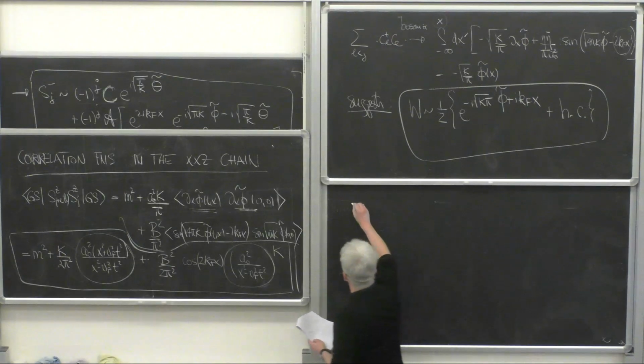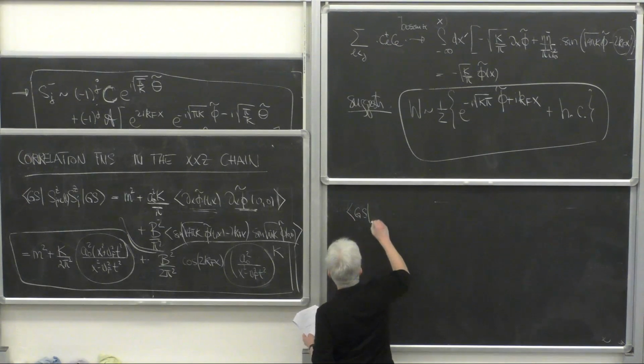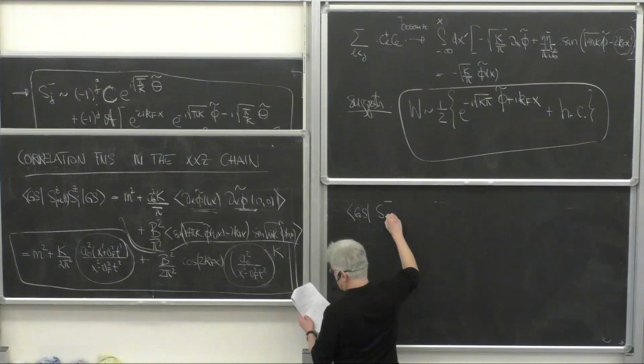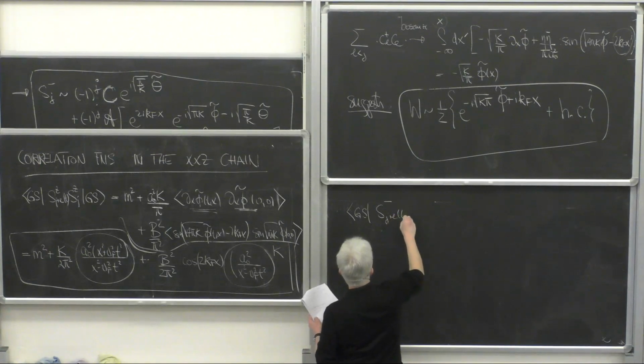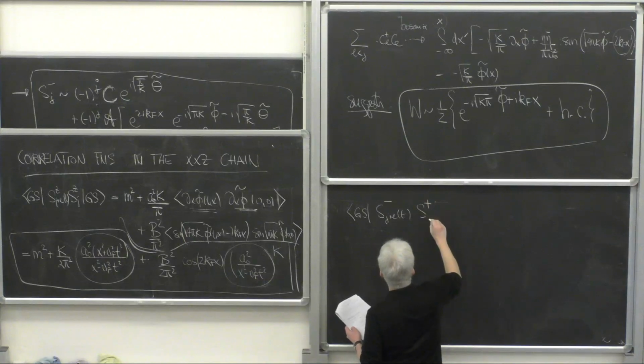So now let me just write the other one, S minus, I wrote it like this, J plus L of T, S plus J of 0.